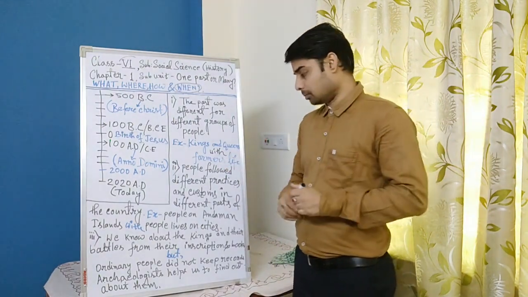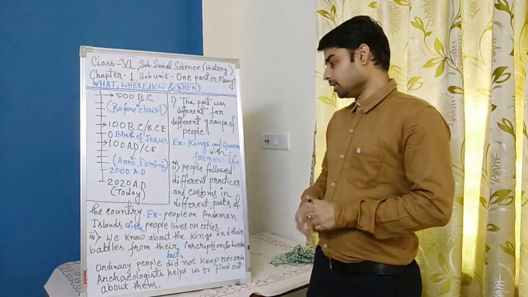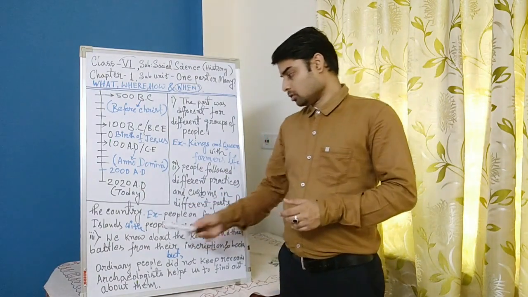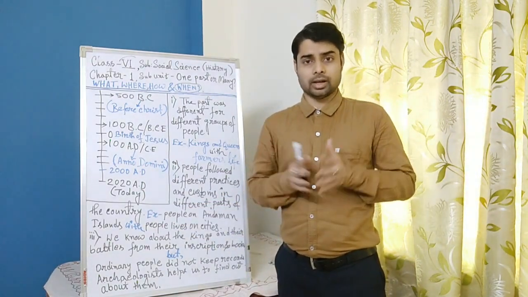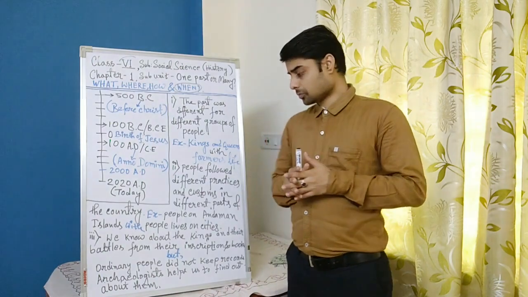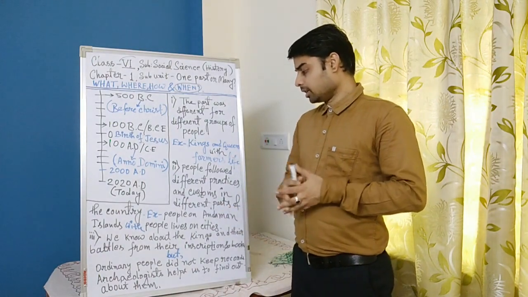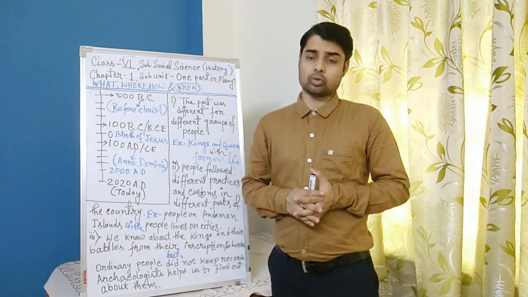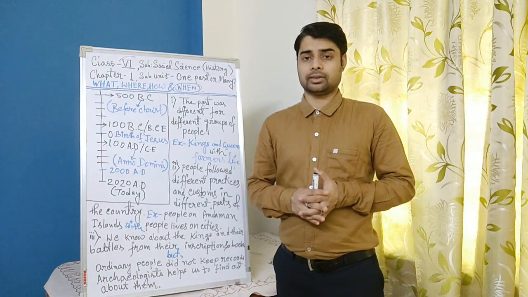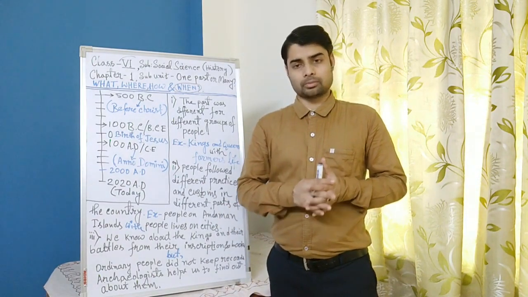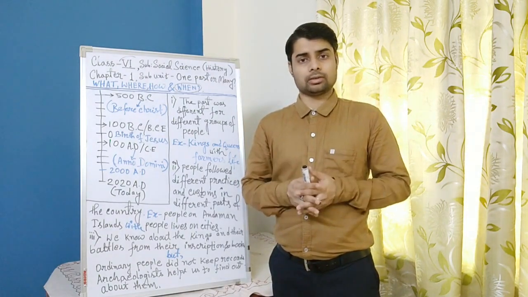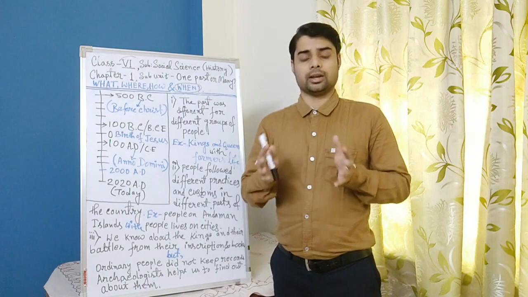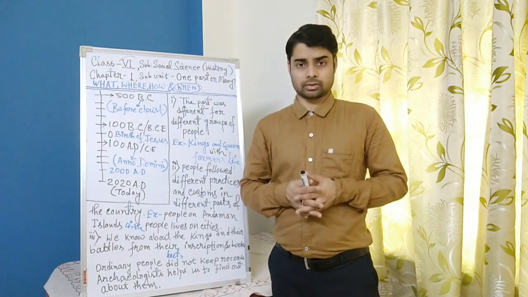Suppose I give you an example: the people in the Andaman Islands, a small island group that is a part of India right now. Most of the people living in the Andaman Islands have gathered their food for a long period through hunting, gathering, agriculture and also fishing.